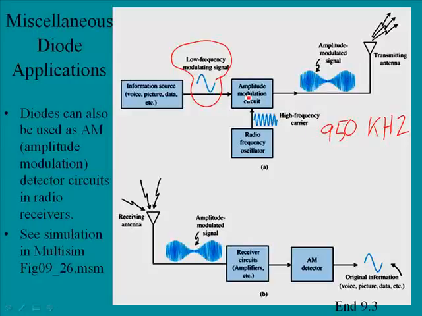Here we have the amplitude modulation circuit. This is where you have the mixing of this high frequency with the low frequency signal. And the resultant wave looks kind of like this. Here we have the high frequency carrier, and then riding on it is the actual information. This could be the voice, the music, whatever.